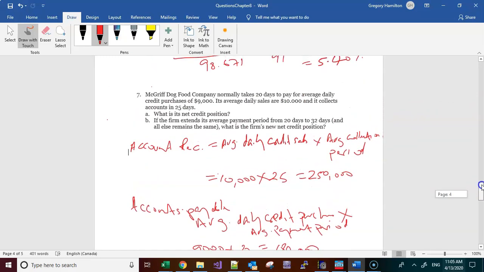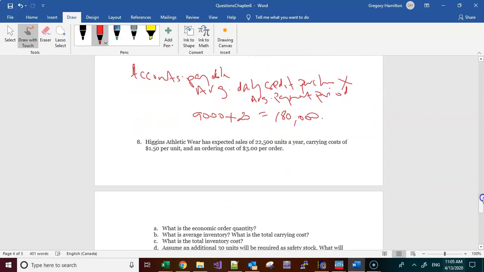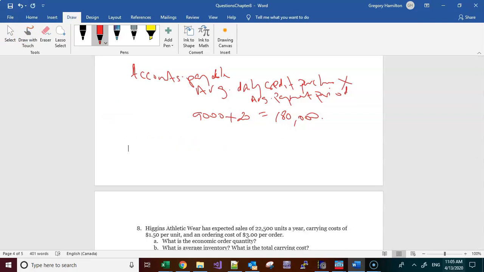Now that we found these two, the question asks us to find the net credit position. So let's go about finding it. It would be the difference between the two. Remember, he can either be a net lender or a net receiver of credit. So let's see which one it is.